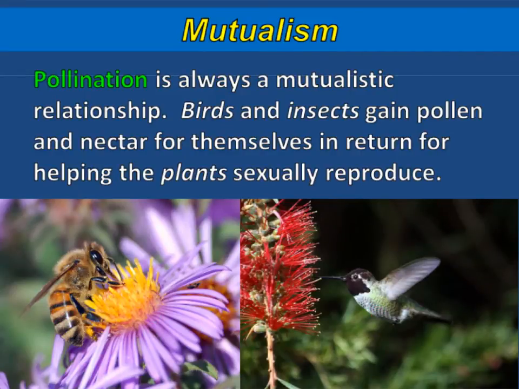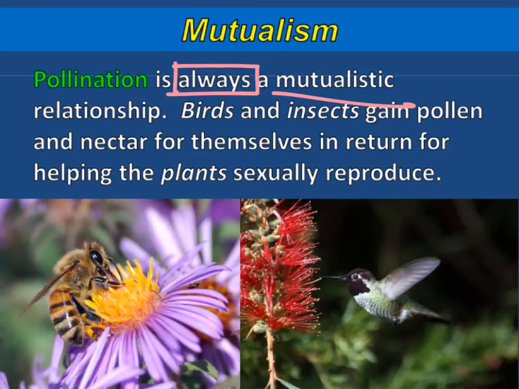So in pollination, it is always, let me box that for you, always a mutualistic relationship. Always. So, birds and insects gain pollen and nectar for themselves and in return for helping the plant sexually reproduce.